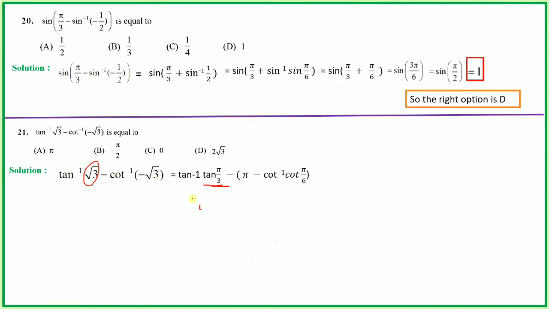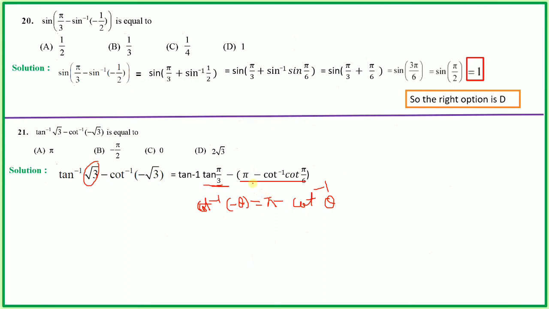Before that you need to understand one thing. Since cot inverse of minus theta is equal to pi minus cot inverse theta, we are going to use this here.